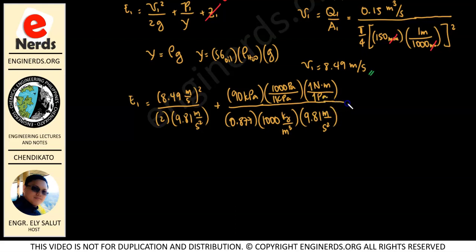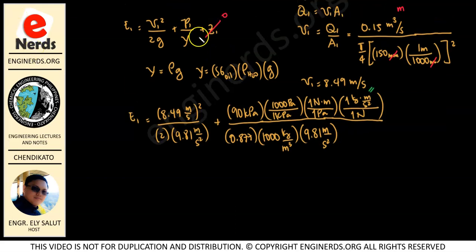Okay, so now we have Newton here. So we need to express this in kilogram, meter, and second squared. No? So 1 Newton is equal to 1 kilogram meter per second squared. Okay, so now let us check our units. By the way, our Z is 0, no? So we have plus 0 here.